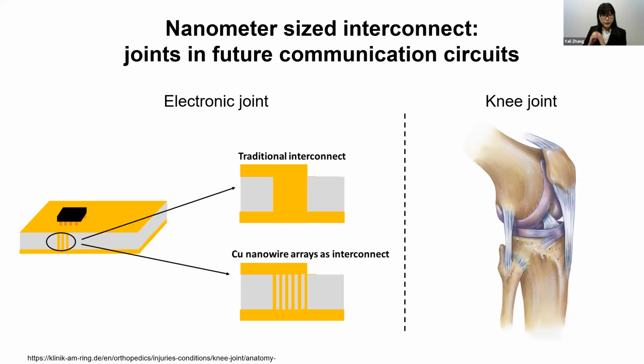We propose to use bundles of nanowires to form one low-loss interconnect in communication integrated circuits. Each of these nanowires is extremely small, almost 1/300,000 the diameter of a single human hair. The good thing is this extremely small size makes it easy for the high-frequency signal to penetrate.